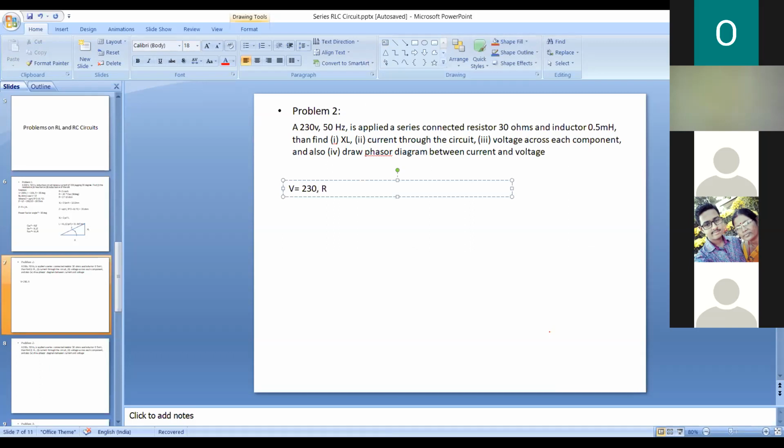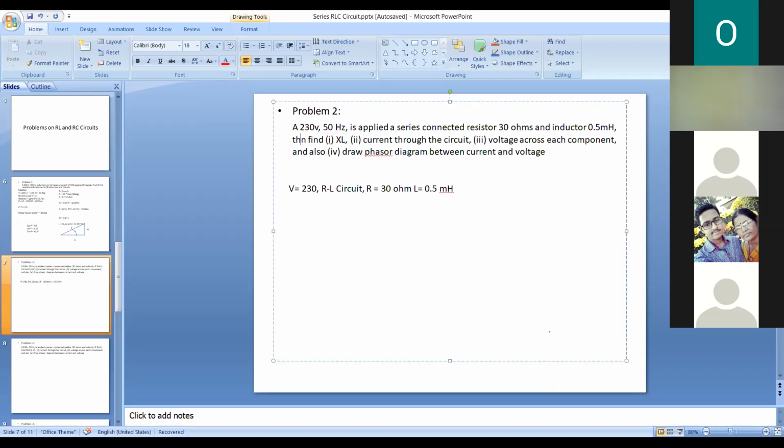So it's an RL circuit with R is equal to 30 ohm and L is equal to 0.5 millihenry. So this is the data.